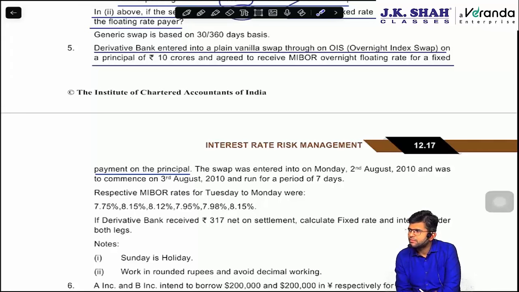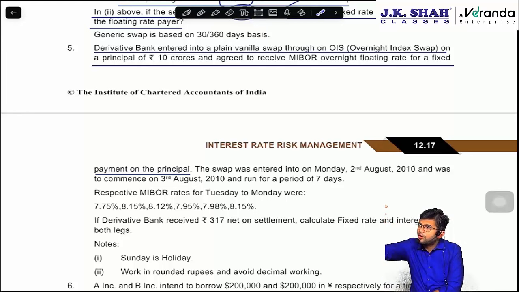In overnight, every day is a new reset period. See, please understand. You remember in 1 year, there are 2 periods of 6 months each. For the first 6 months, the interest rate which is there at the start of the 6 months is relevant. And for the next 6 months, the interest rate which is at the end of the first 6 months becomes the interest rate for the next 6 months.